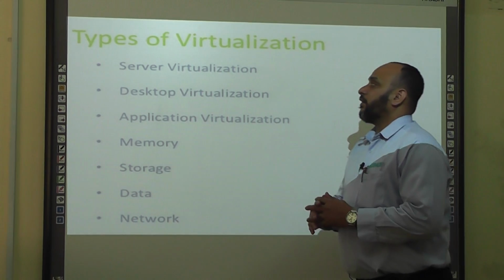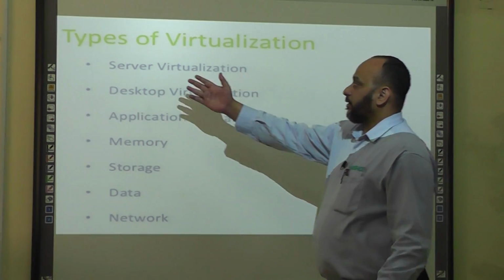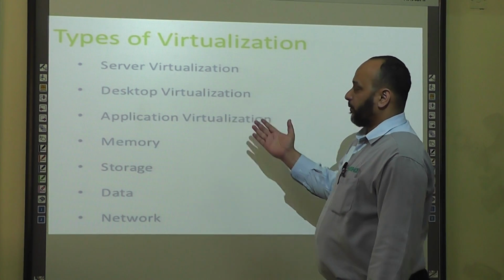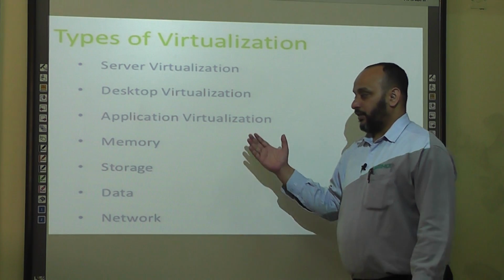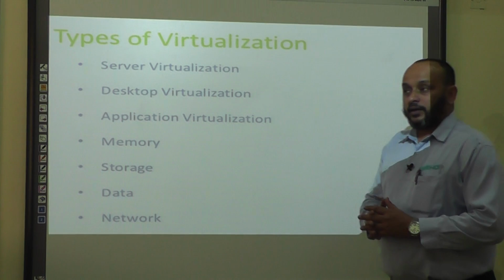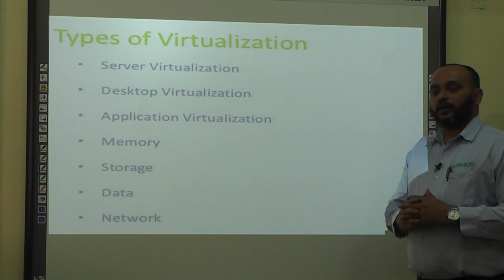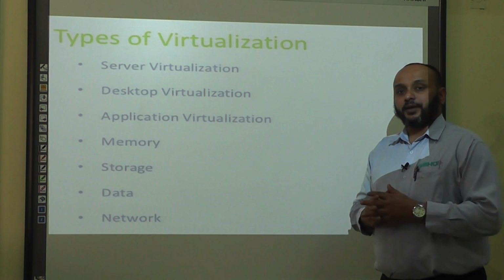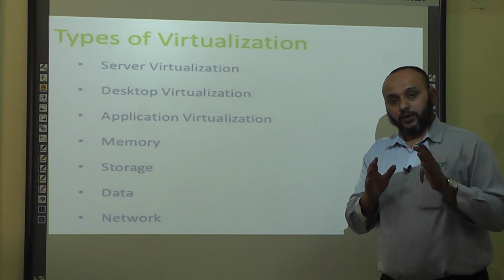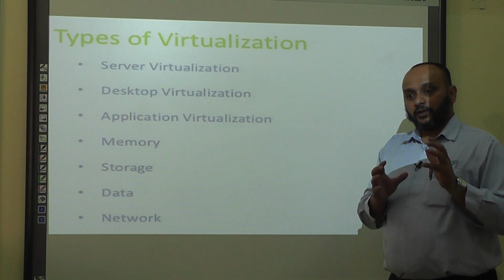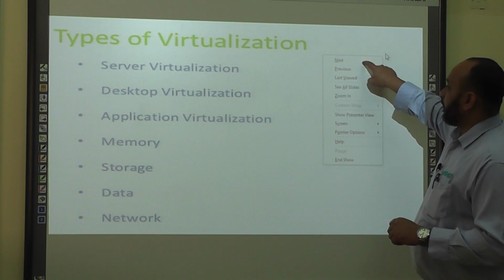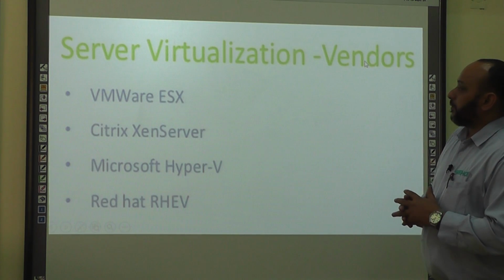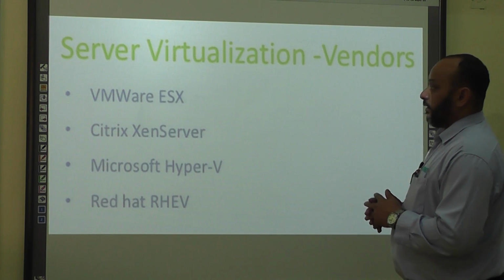And now we will see types of virtualization. There are many types, like server virtualization, desktop virtualization, application virtualization, memory, storage, data, and network. This is a very big and vast topic, but for all of you I make it very short to make you understand. Next, server virtualization vendors.